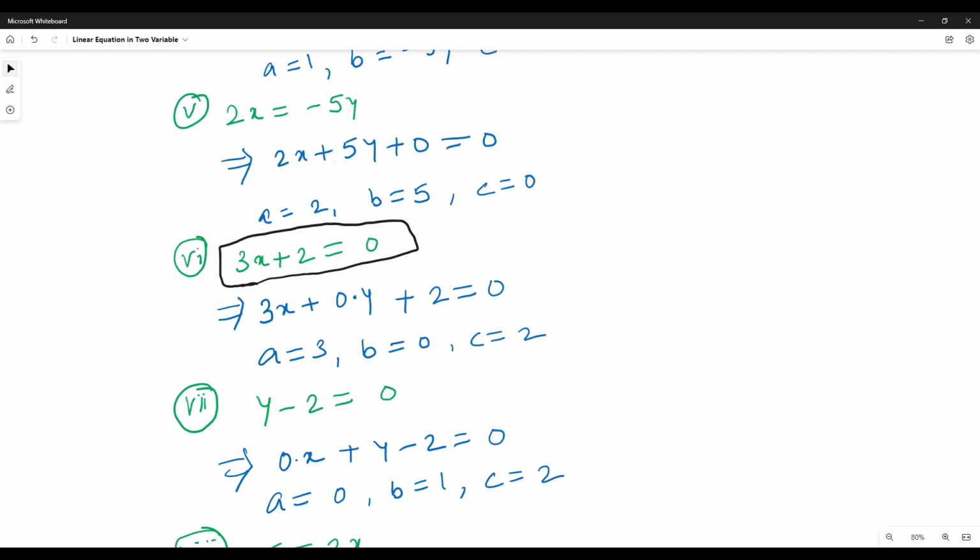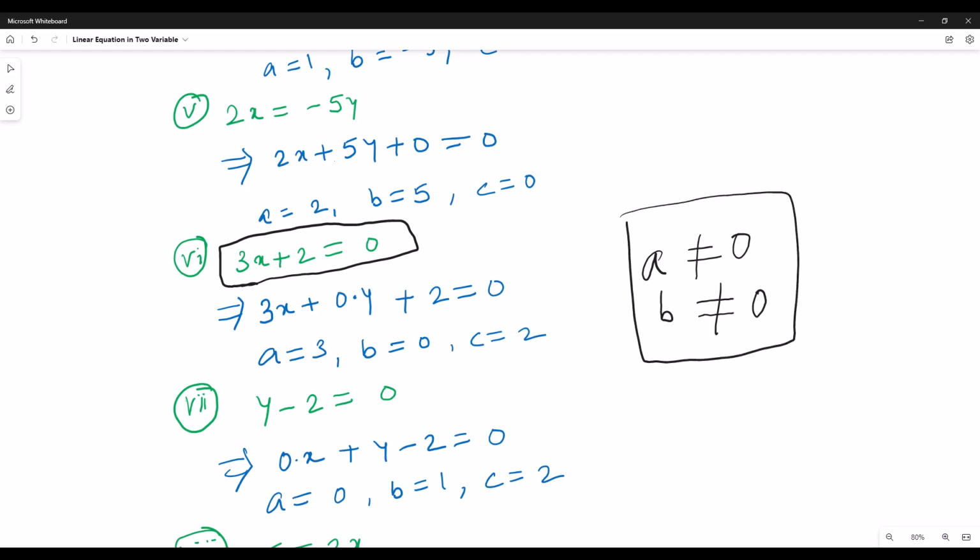So we just read that a should not be 0 and b should not be 0. But this is only valid when both of them should not be 0 at the same time. If either one of them is 0, that is also acceptable. So here this is also a linear equation.